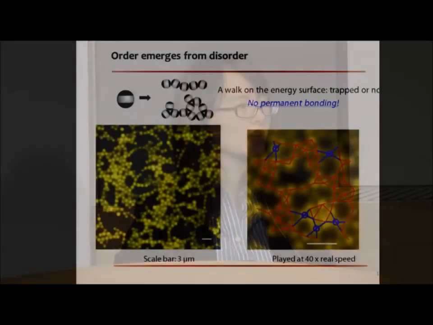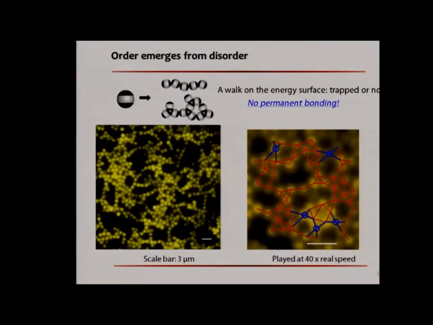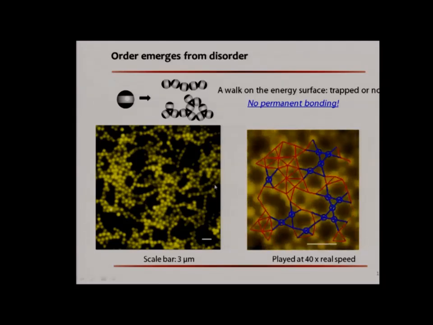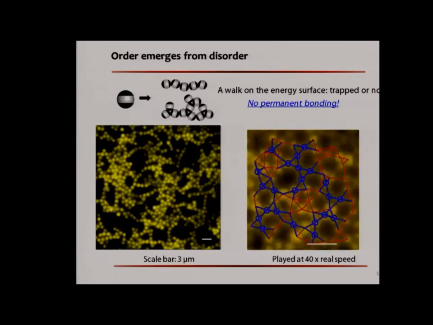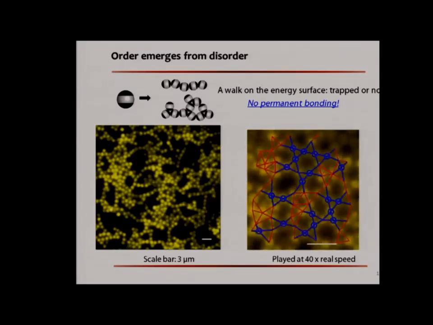So with that trick in mind, I checked the evolution of structures with time. Here, the red lines highlight the nearest neighbors. The blue lines together with the blue circles highlight the particles with Kagome ordering. At the beginning, the red area dominates. Essentially, we have irregular networks.